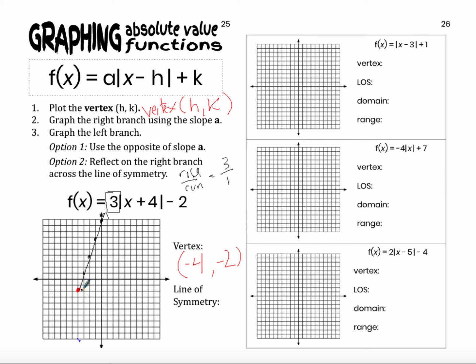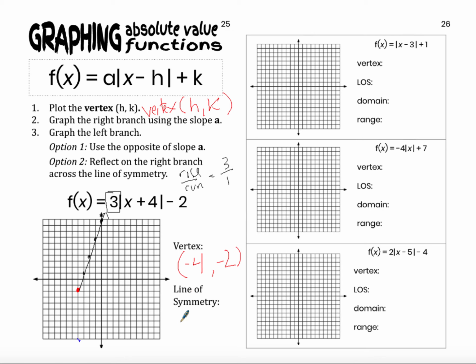To graph the left branch, you can either use the opposite of your slope, so the opposite of 3 being -3, going up 3, left 1, up 3, left 1, up 3, left 1, or you can plot the line of symmetry and use the line of symmetry to reflect the points on the right branch.